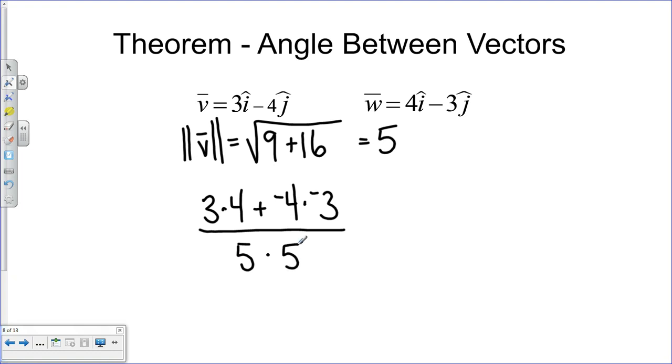Both v and w have a magnitude of 5. So on the top we have 12 plus 12, we have 24. On the bottom we have 25.